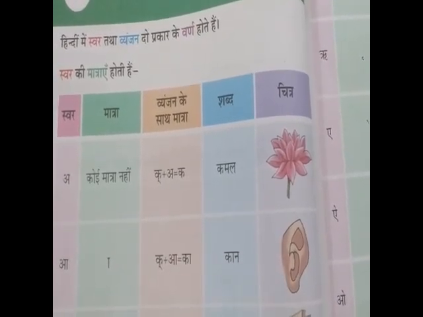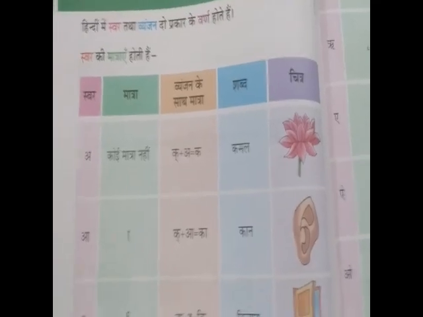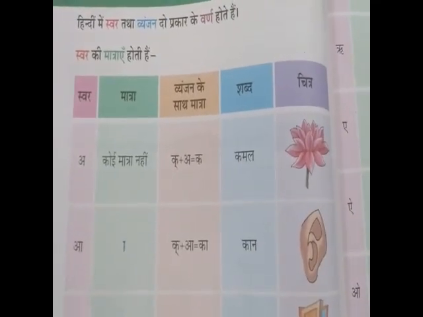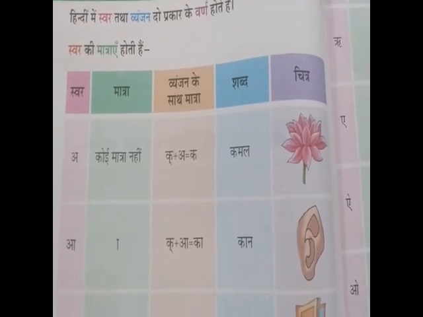All these letters will come under Vyanjan. So like that, in Vyanjan you will get 33 consonants.